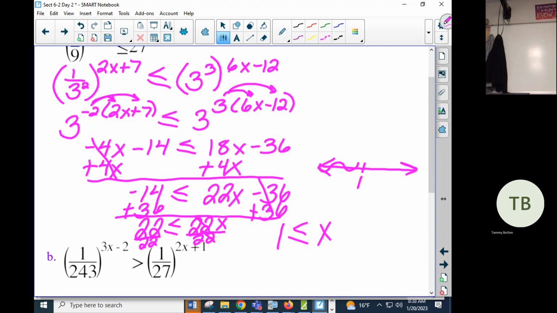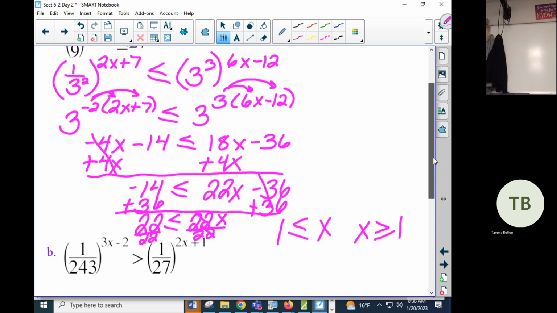And so when you read it that way, it's really x is greater than or equal to 1. We don't have to shade them today, so it's okay if you have your x over here. I'm just saying that if you ever have to shade it, be careful of that. Do you want me to show you the other way too?